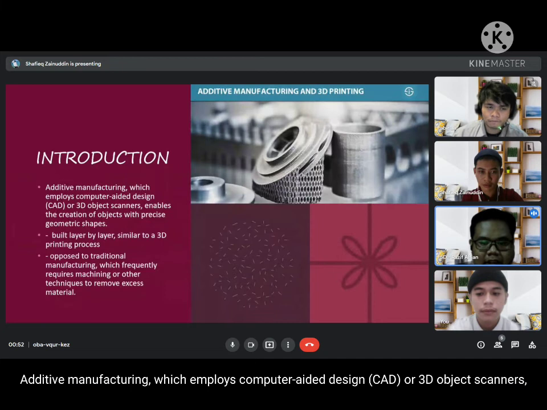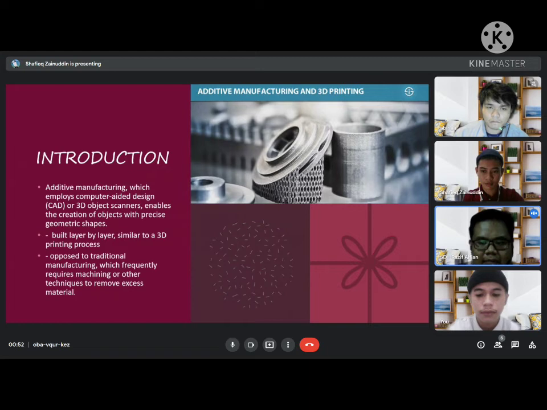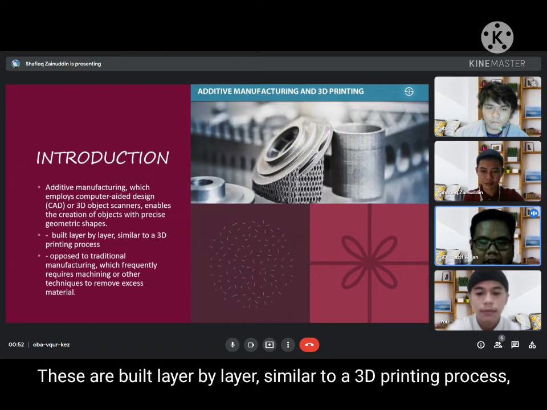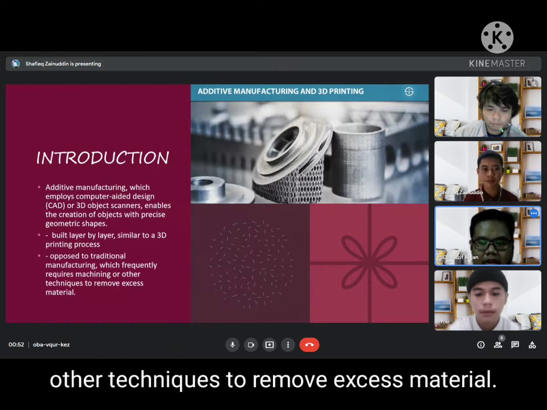Additive manufacturing, which employs computer-aided design (CAD) or a 3D object scanner, enables the creation of objects with precise geometric shapes. These are built layer by layer, similar to a 3D printing process, as opposed to traditional manufacturing, which frequently requires machining or other techniques to remove excess materials.